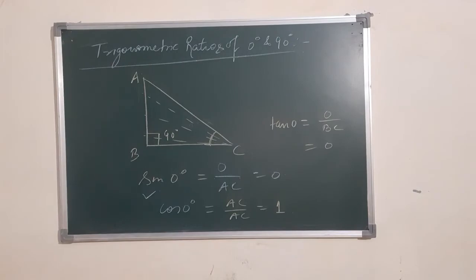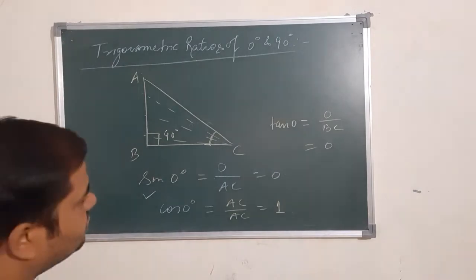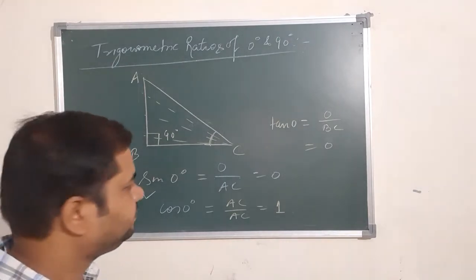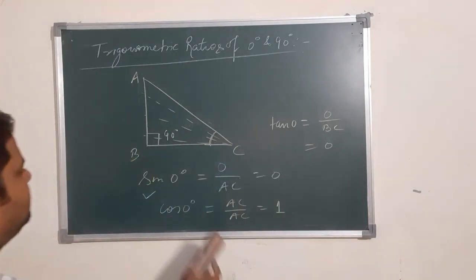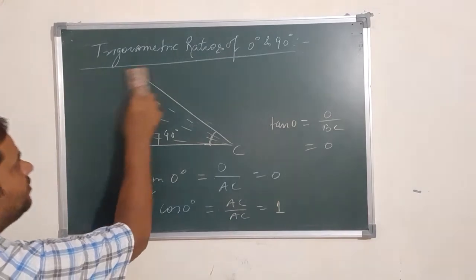And if we need to find trigonometric ratios of 90 degree, then we make a triangle like this.